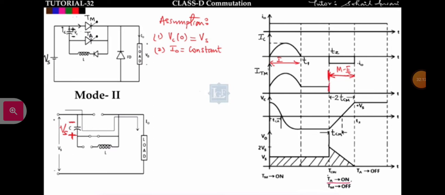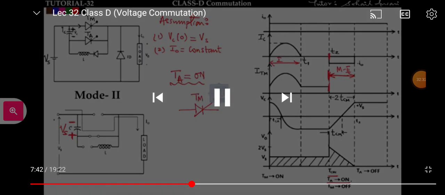So when TA is on, I am triggering this auxiliary thyristor at T equal to T2. Got it? The moment the auxiliary thyristor is turned on, see the voltage drop across the main thyristor, let us say this is Tm, and this capacitor is charged in this manner.